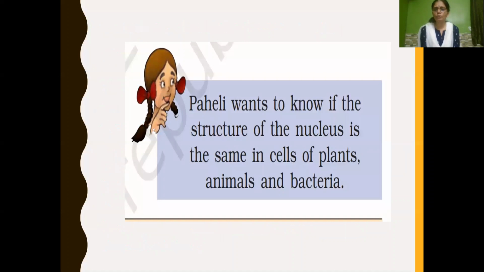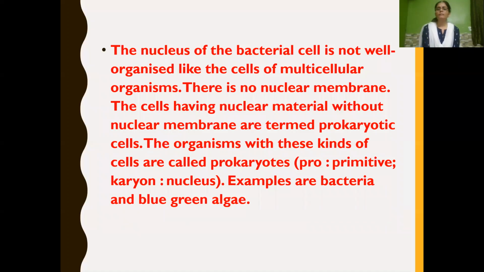So, is the structure of the nucleus the same in cells of plants, animals, and bacteria? Not quite. The nucleus of a bacterial cell is not well organized like the cells of multicellular organisms, like multicellular plants and animals.